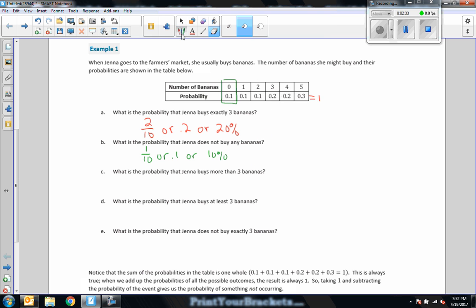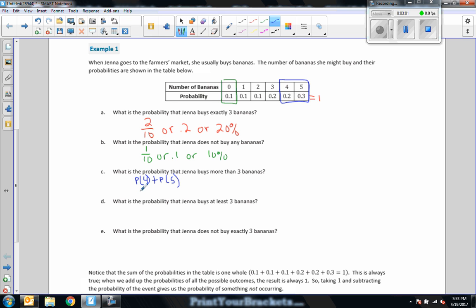What is the probability that Jenna buys more than 3 bananas? More than 3 is up here, so buying more than 3 bananas would be buying 4 plus the probability of buying 5. I'm going to show my work. The probability of 4 plus the probability of 5.